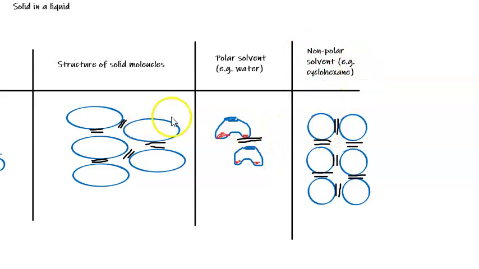The reason is that the bonds between the molecules and the water are not going to be strong enough to break the forces between the molecules of the solvent, whereas for a non-polar solvent, so I've shown cyclohexane just with a circle there, the forces between the solvent and the solute will be strong enough to overcome the forces between the solute molecules and between the solvent molecules.